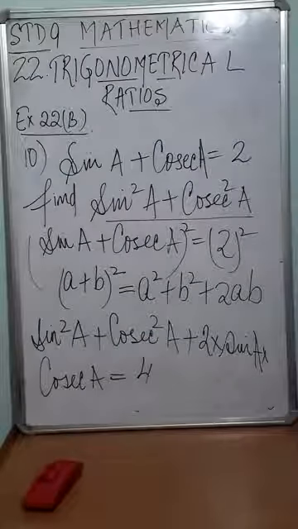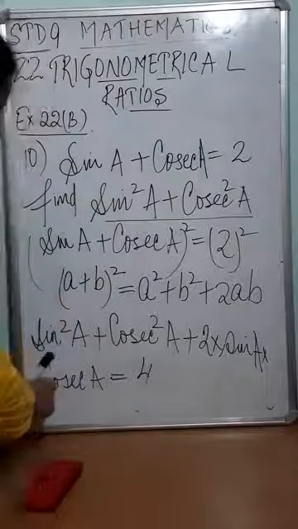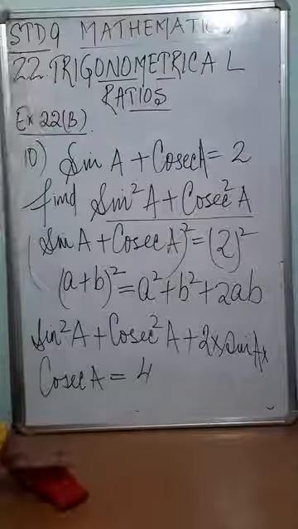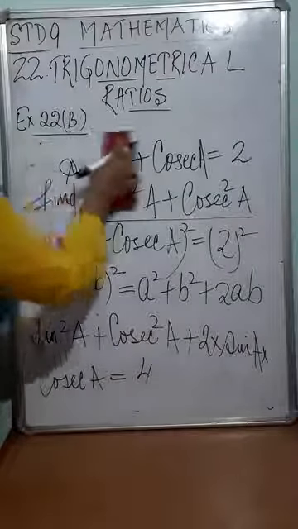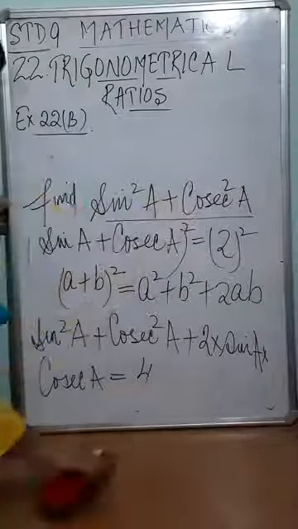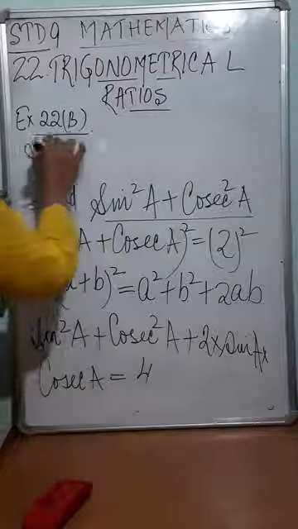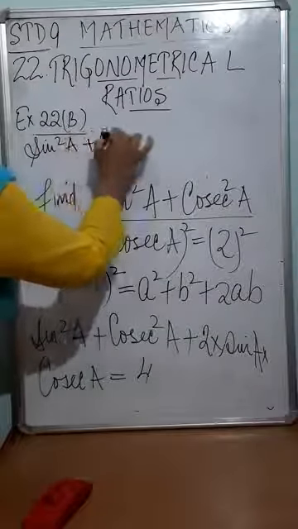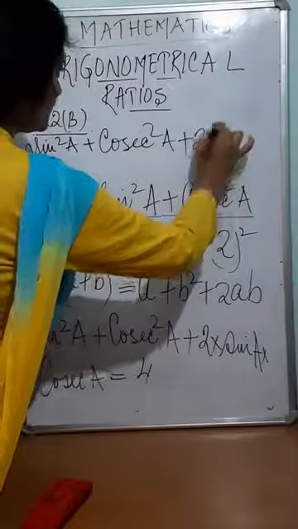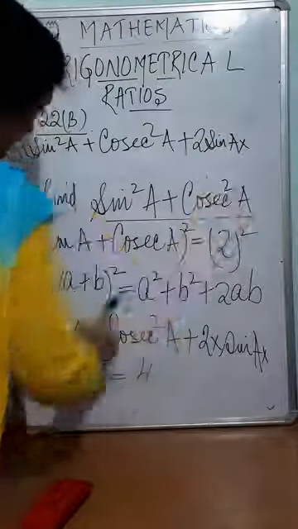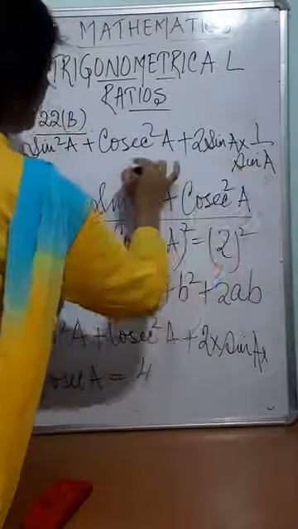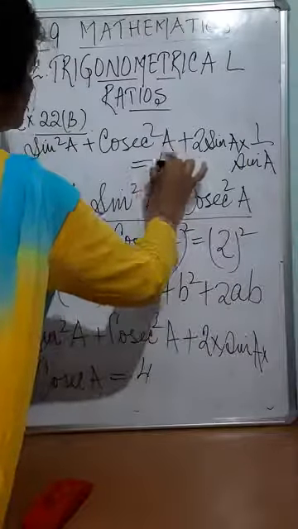Now, just now I mentioned sin A and cosec A are reciprocals of each other. So in place of cosec A, I can write 1 by sin A. Sin square A plus cosec square A plus 2 into sin A into 1 by sin A is equal to 4.